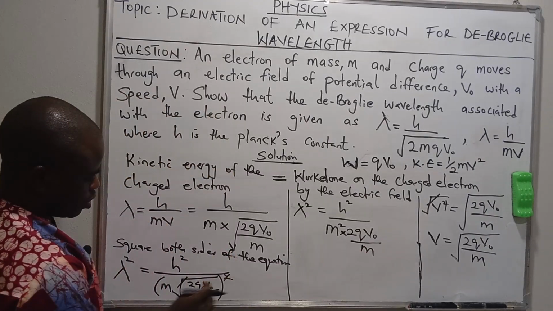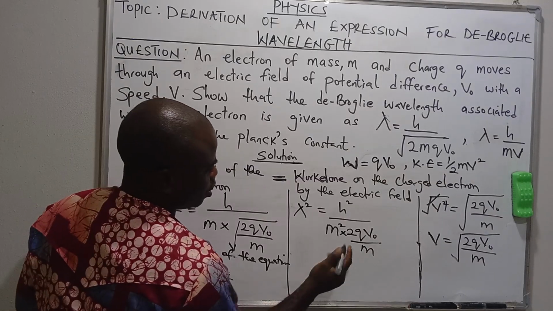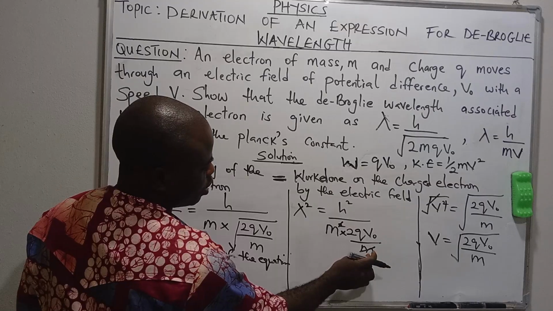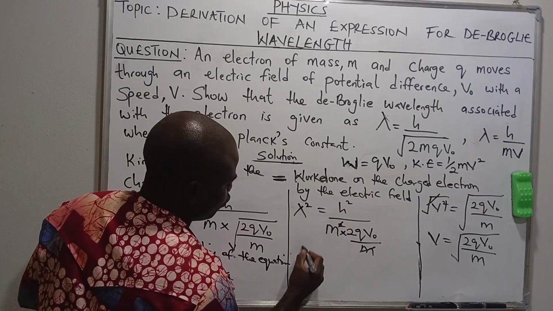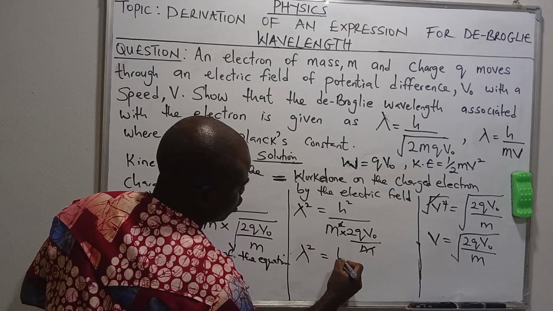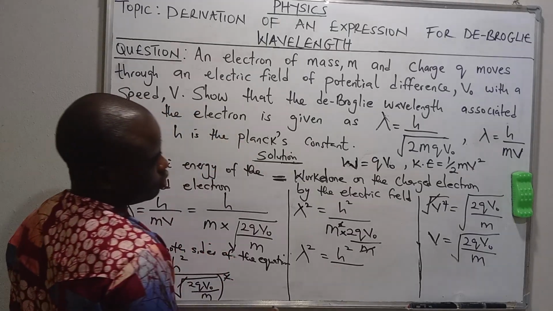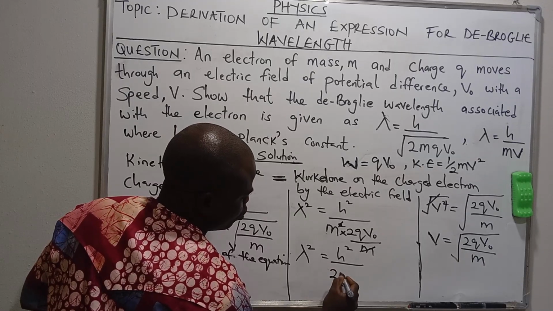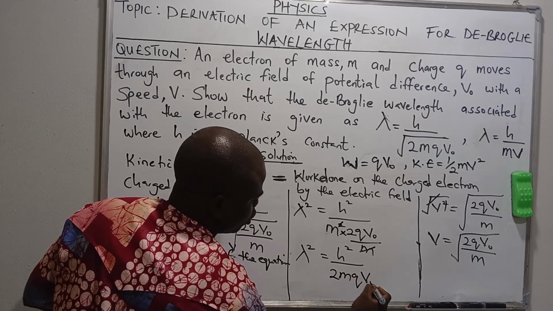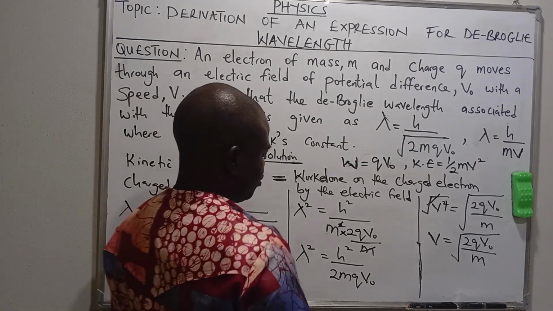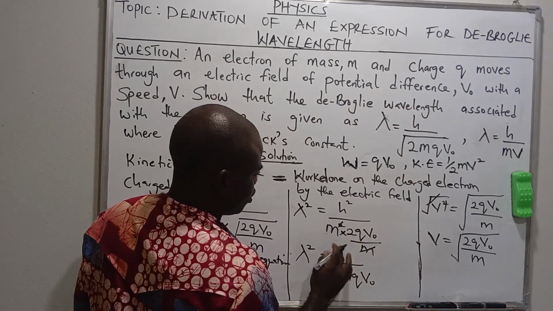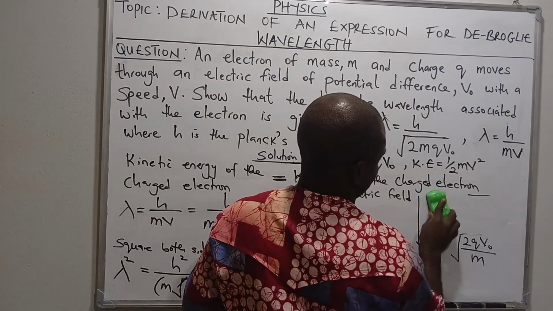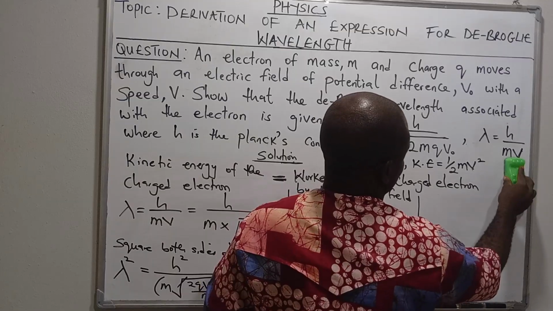Is that okay? Now 2 cancels, and because we have m squared here and one m here, we cancel one of them. We have wavelength squared equals h squared over, that's it, 2m qV naught. Please take notes of this h squared.